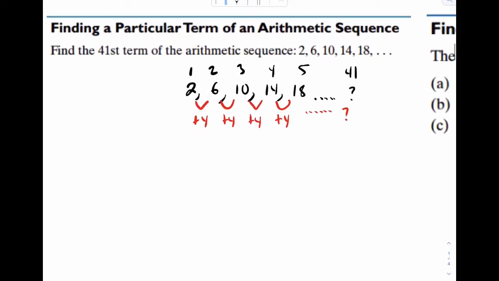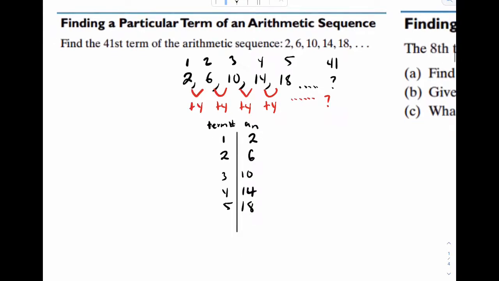To understand what we're about to do, I want to organize it a little bit differently. Here's our term number, and then here's our a sub n. So for example, the term number 1, the first term is going to be 2. The second term is 6, third term is 10, fourth term is 14, fifth term is 18.